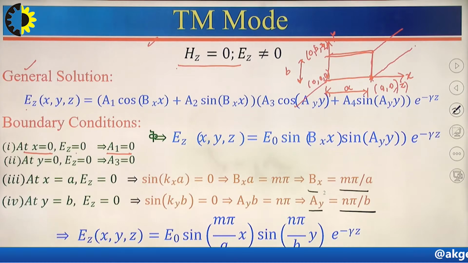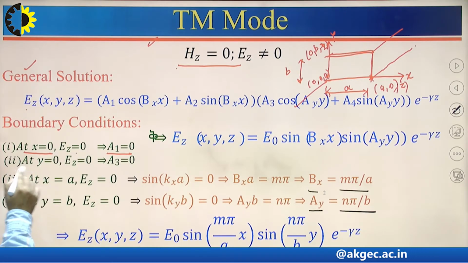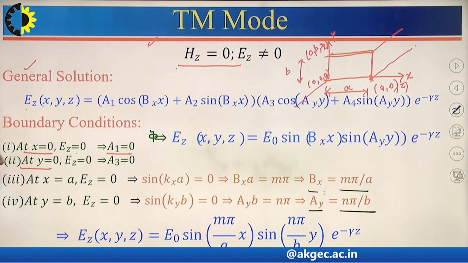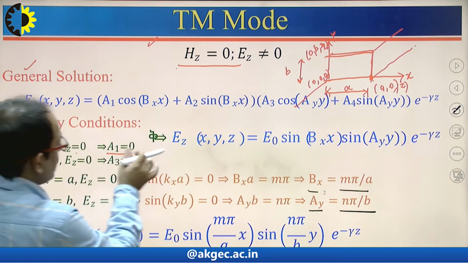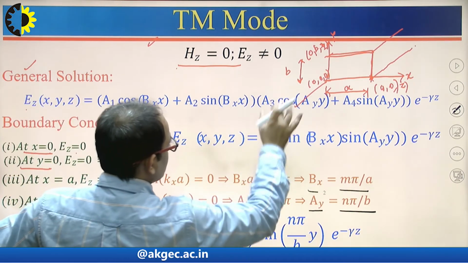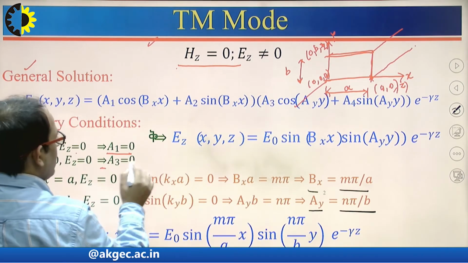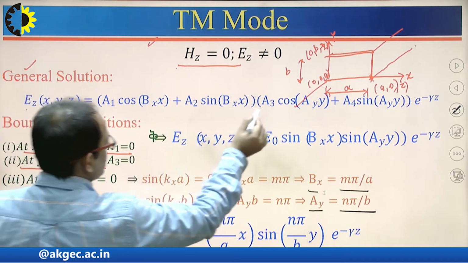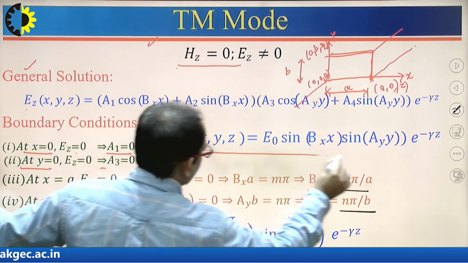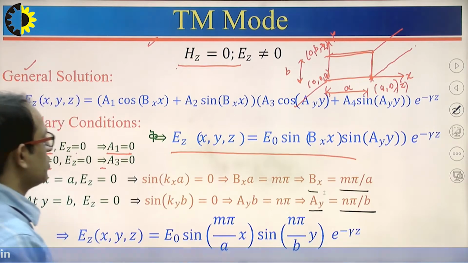Now on putting y equal to 0 for the second wall, Ez gives A3 equal to 0, and on putting A1 equal to 0 and A3 equal to 0, we will get this equation.